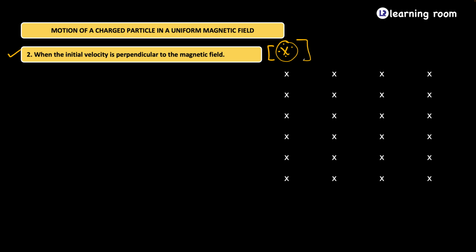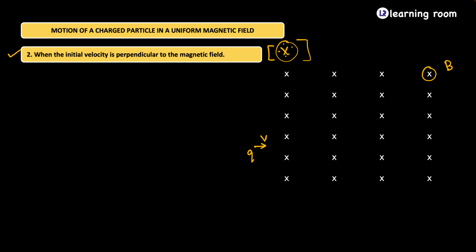Okay, so if I take this to be the magnetic field of intensity B, let me say there is a charged particle Q which is projected with a velocity V into this magnetic field. V is in this direction, B is in this direction.